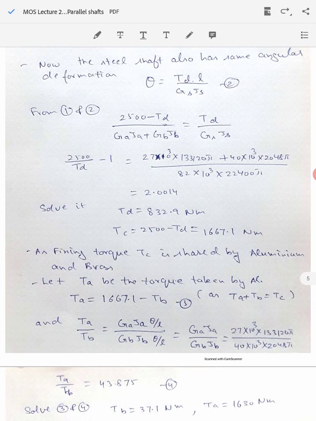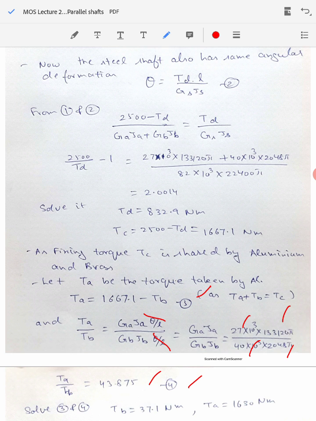You substitute the values here. Angular deformation theta is the same for both shafts and length is the same for both, so theta by L will get cancelled out. What remains is the ratio of GA JA to GB JB. You substitute the values of GA, JA, GB and JB here, and you can calculate the ratio of TA by TB as 43.875. So you have one equation in TA and TB here, equation 3.